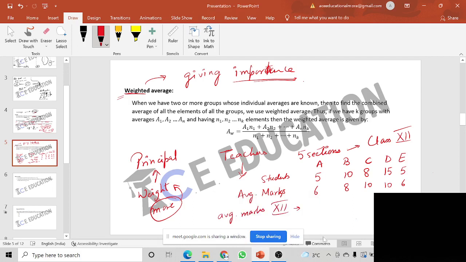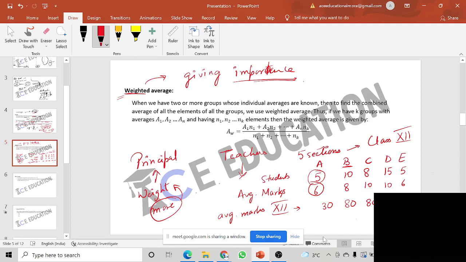I'll simply multiply both of these, so the total marks obtained by section A are 36 into 5. Section B would be 80 by a similar concept. Section C would again be 80, then 150 and 30, right? So these are section-wise total marks.